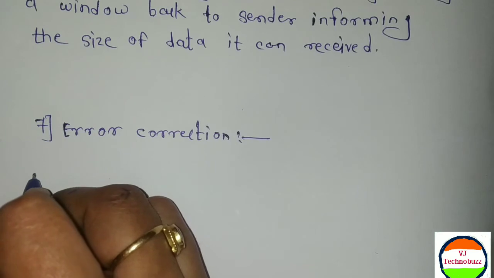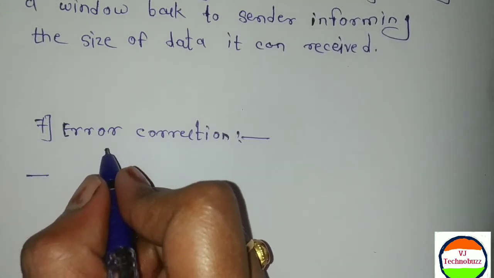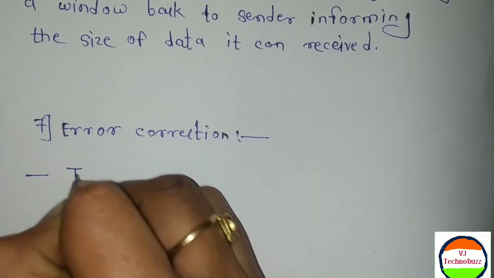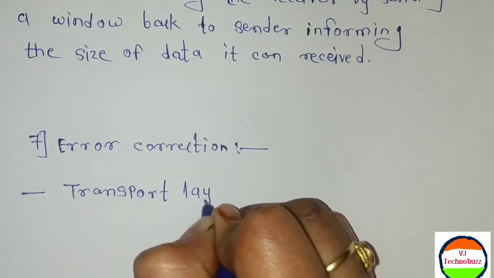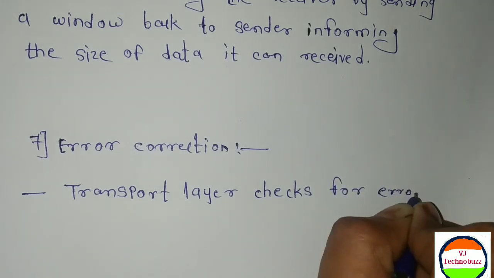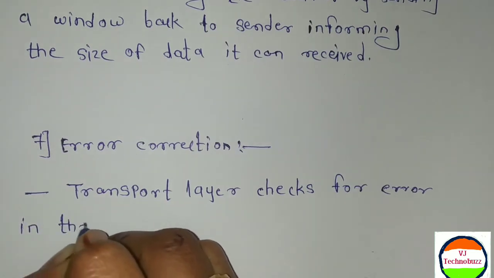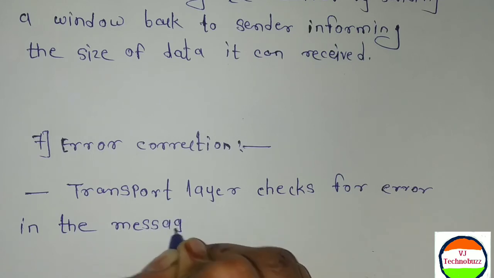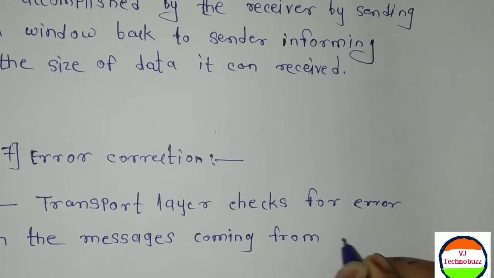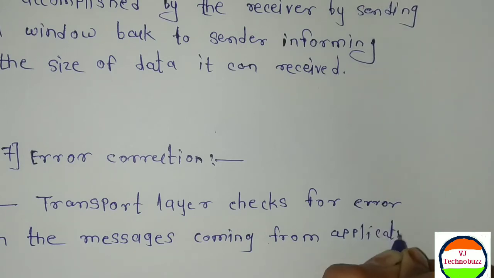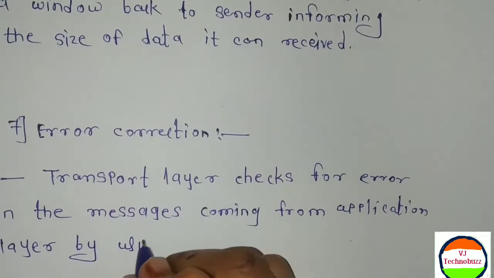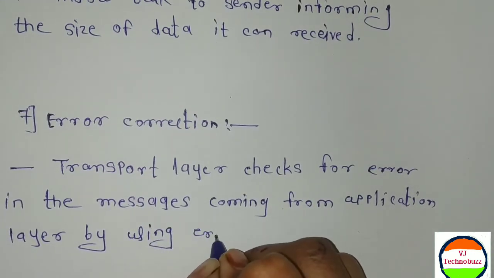So in error correction, transport layer checks for error in the messages coming from the application layer by using error detection codes.